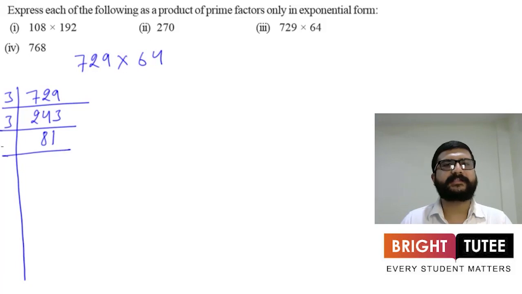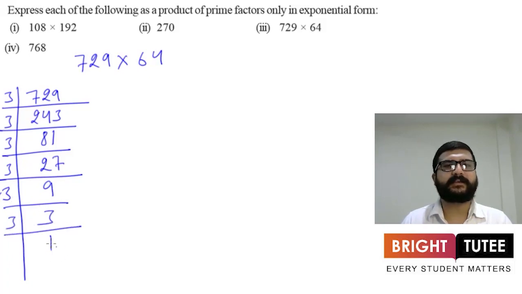Now again this is divisible by 3. This will give us 27. Now again with 3 we will get 9. Again with 3 we will get 9 divided by 3, which is 3. Now this also goes with 3, so we will get 1 here. So it means 729 is 3 to the power 1, 2, 3, 4, 5, 6. So this is 3 to the power 6.